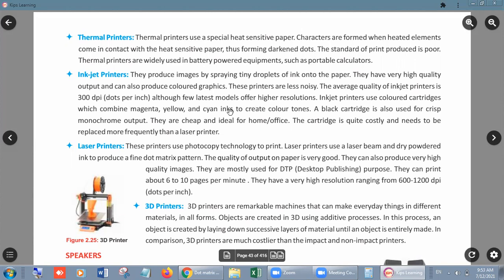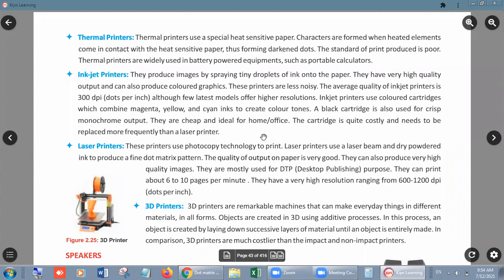With the help of these colors, a printer can create any kind of color, right? A black cartridge is also used for crisp monochrome output, right, beta? So they are cheap and ideal for the home office. The cartridge is quite costly and needs to be replaced more frequently than in a laser printer.